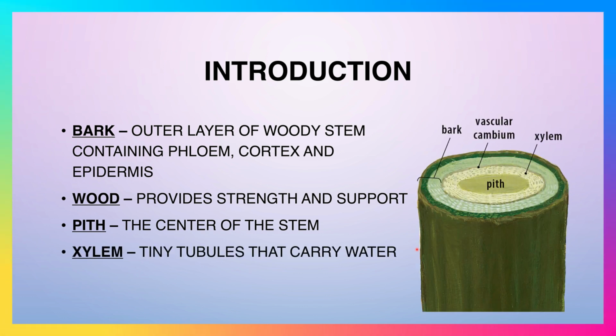And in these areas, there are tiny tubules that carry the water. So the bark extends from this inner ring here to the external aspect, with this inner ring representing the vascular cambium. And then inside that is the xylem, which becomes the wood when it becomes old. And then centrally you have the pith.